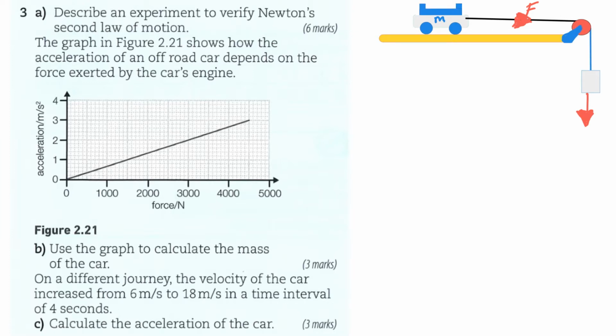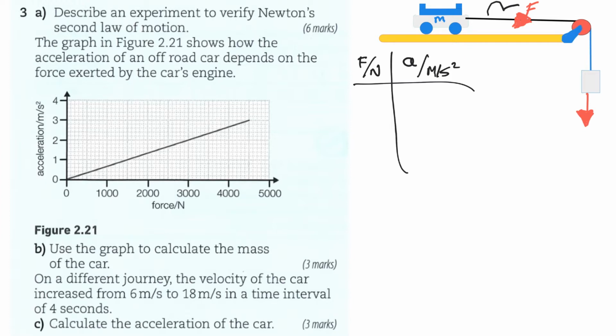So this is a double interrupt card. The easiest way to get acceleration is to use a double interrupt card. So you've got the trolley just here. You've got a single light gate, your pulley system, and the idea is that a double interrupt card and a single light gate can give you accelerations.